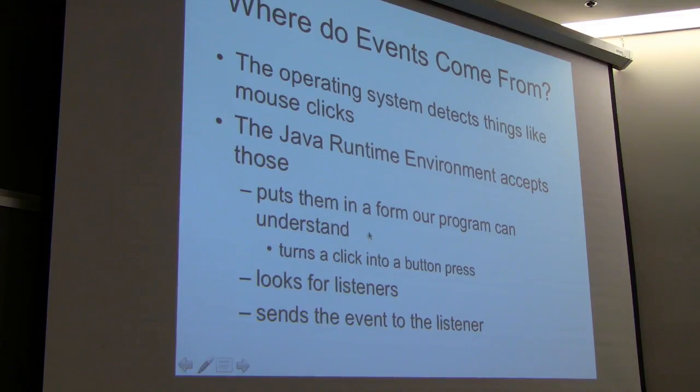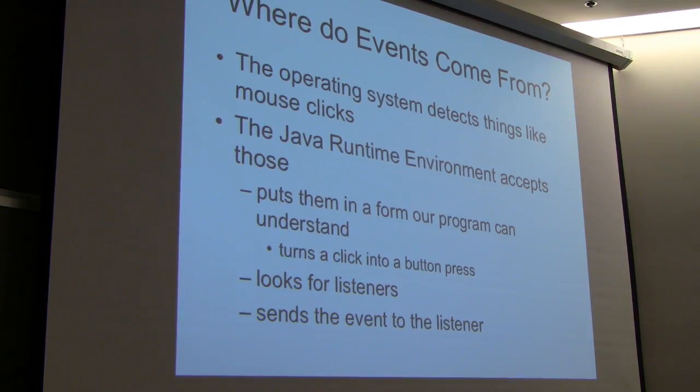And Java somehow puts them in a form our program can understand, like that was a click on a button, or that was just a mouse motion in the coordinates of our window kind of thing. And then Java basically looks for listeners that we've defined and sends the events to those listeners. And that's how we basically get interaction with the program.